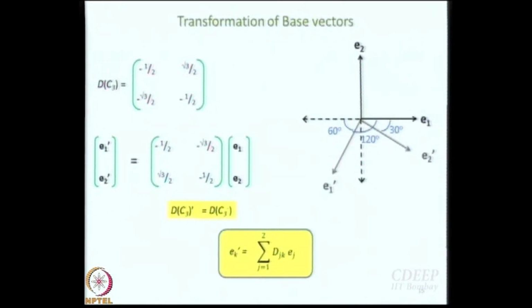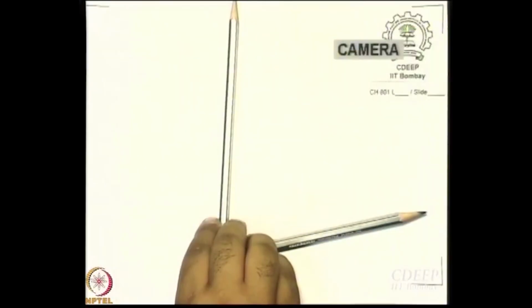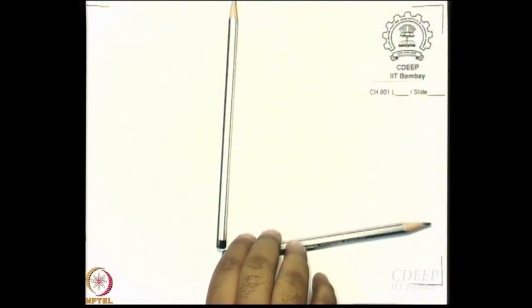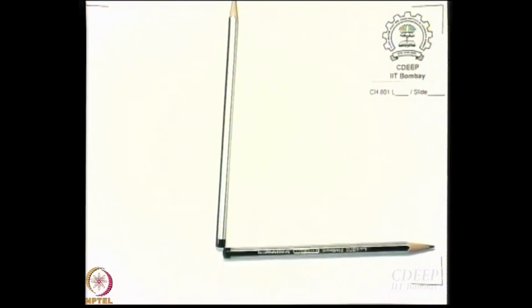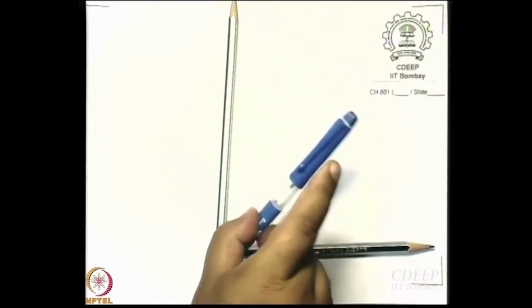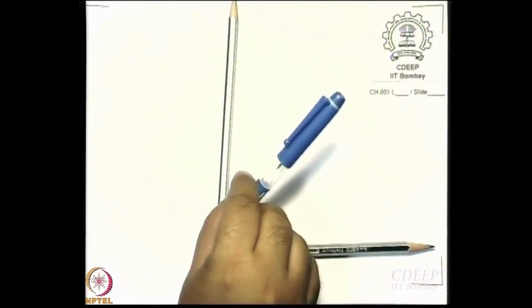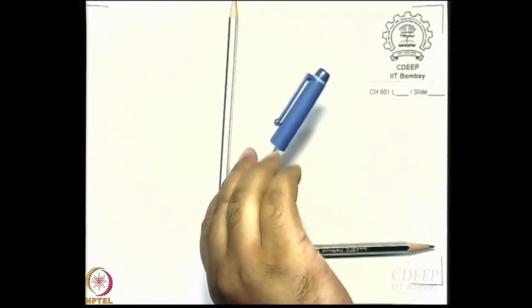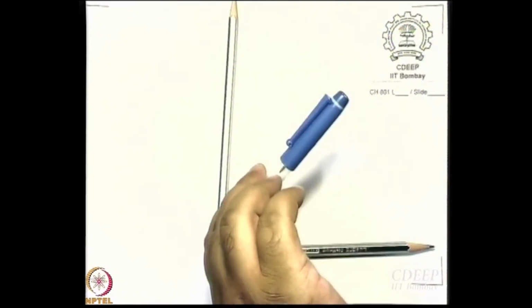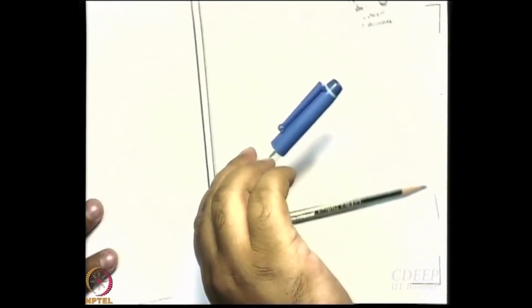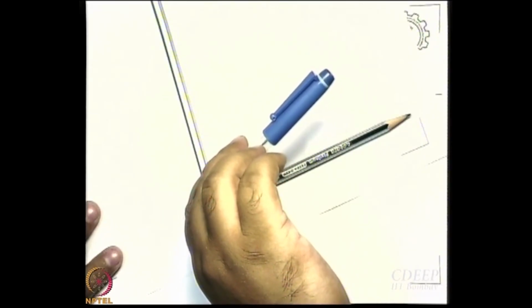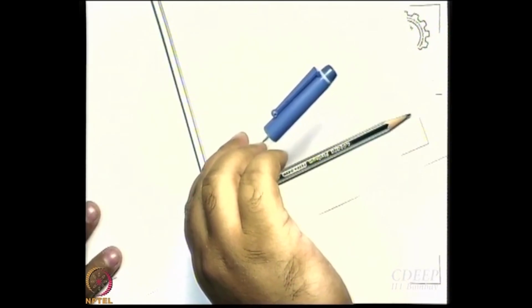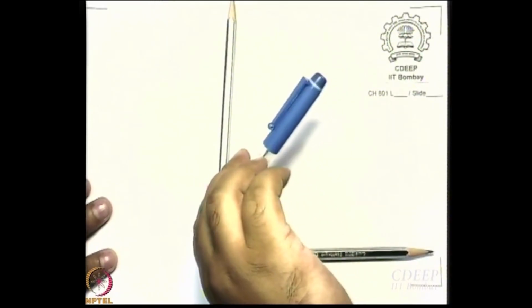Now see, these are my base vectors. This is my position vector. Do you see that clockwise rotation of the position vector is the same as anti-clockwise rotation of the axis? That is what it means.